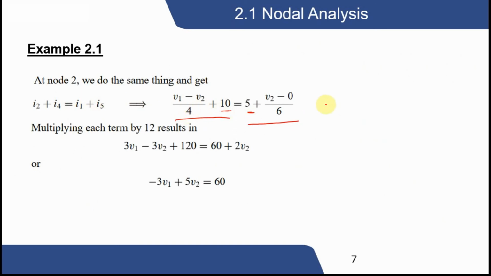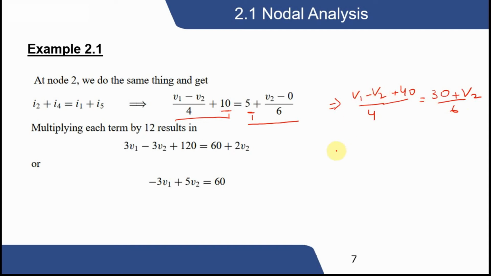So we take an LCM. We have V1 minus V2 plus 40 equal to 30 plus V2, divided by 6.